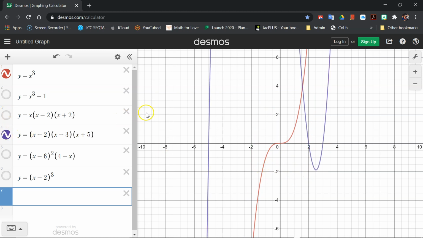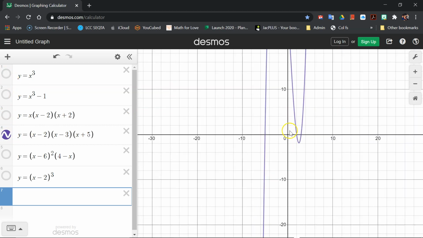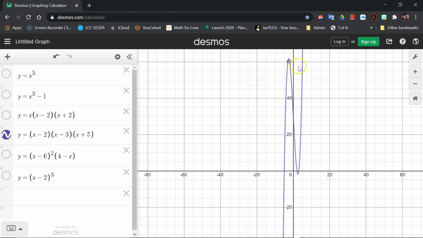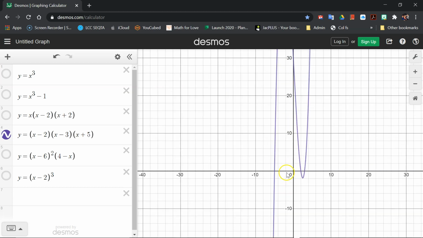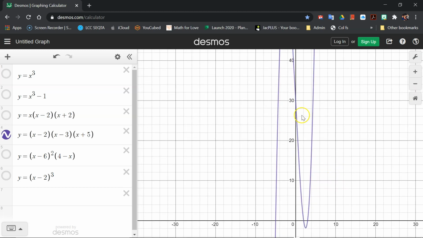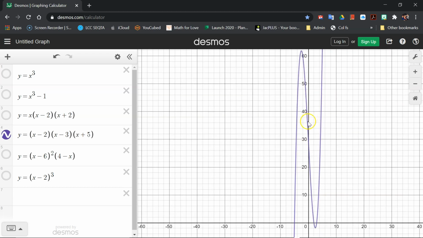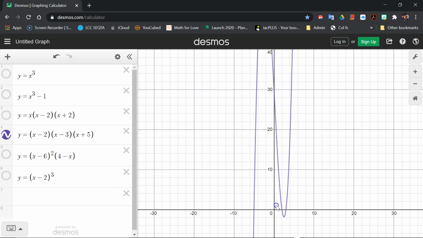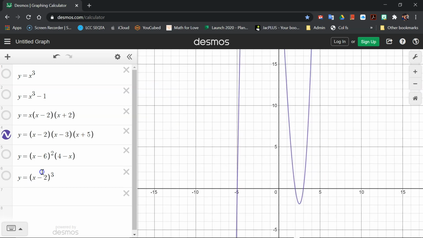Then we have this next one that we did. If I zoom this out a little bit, because we didn't really know what our turning points were. But again, this is something that I don't want to really stress at this point in time, but you can easily substitute your values if need be. So we found out that the y-intercept was at 30. It was going to go a little bit further up, which it did, before coming back down and cutting through the x-intercept at minus 5.